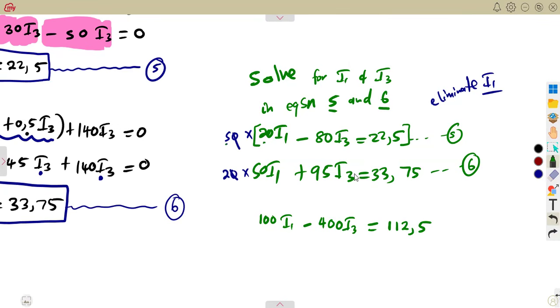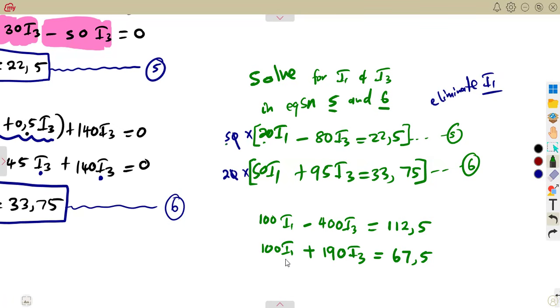You do the same thing by 2 here. That was going to be 100 I1. You're multiplying each and everything of equation 6 by 2. So that's 100 I1, 2 times 95 is going to give us positive 190 I3, which is equal to 2 times this value, which was going to be 67.5.